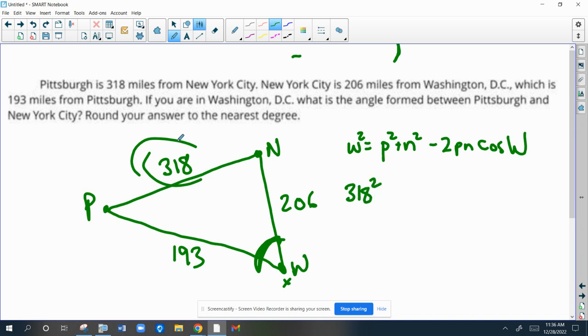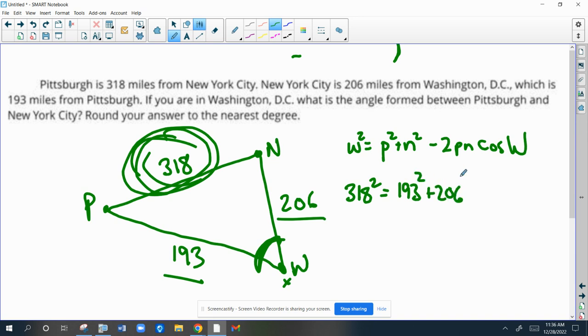So I would say this one squared equals this one squared plus this one squared. It doesn't matter what the order is. Minus 2 times this times this. So again, I'm really not interested in what letters I called them, times the cosine of W.